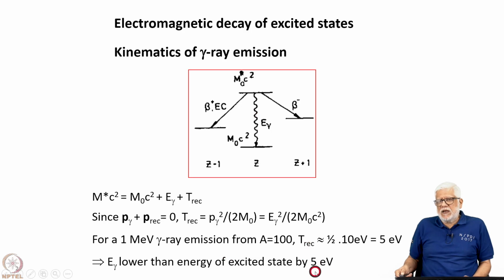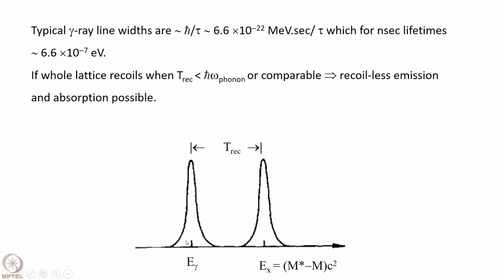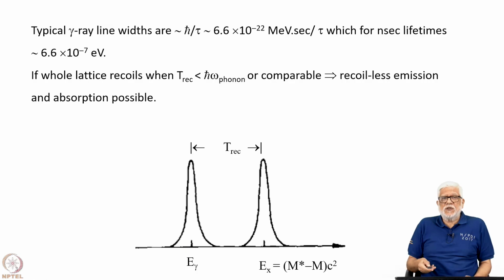Now, for all practical purposes, this might seem to be unimportant. However, if you are looking at resonance absorption, then this becomes important. This is the energy of the gamma ray, and the actual excitation energy is given by m star minus m, and that is just this recoil energy difference higher than the energy of the gamma ray that you observe.